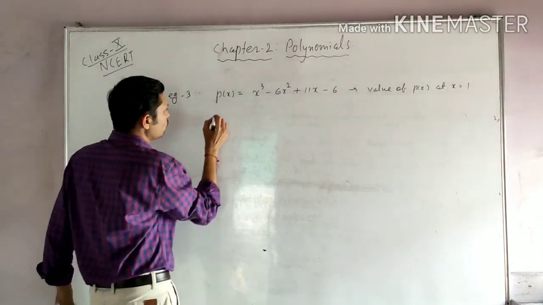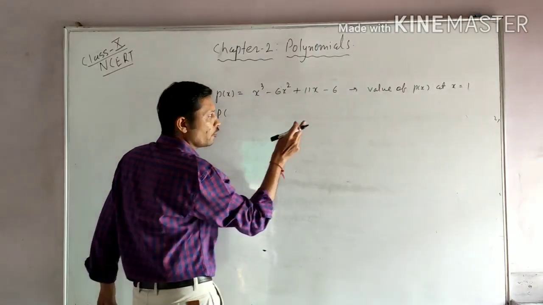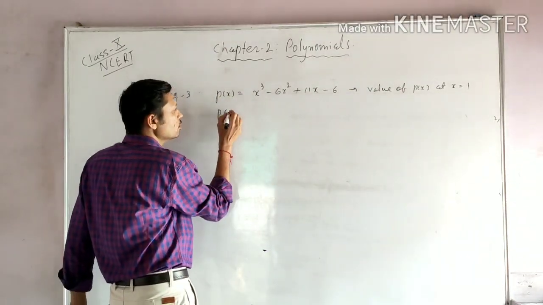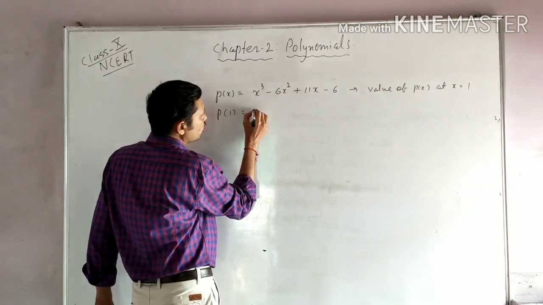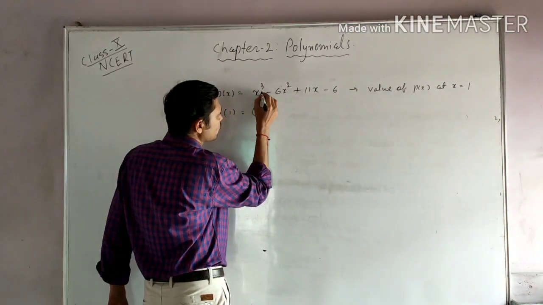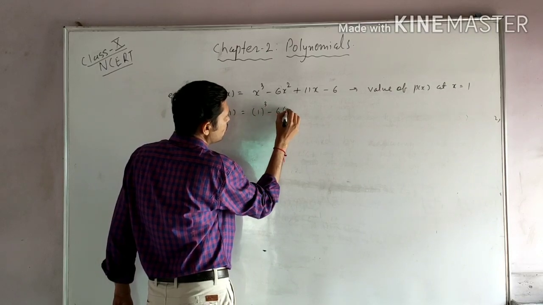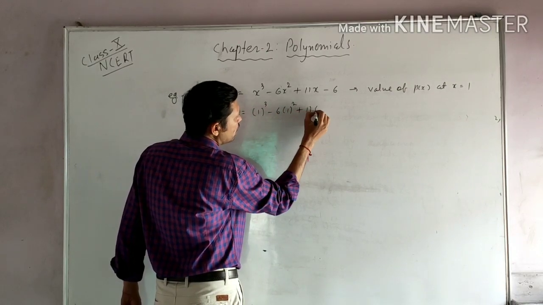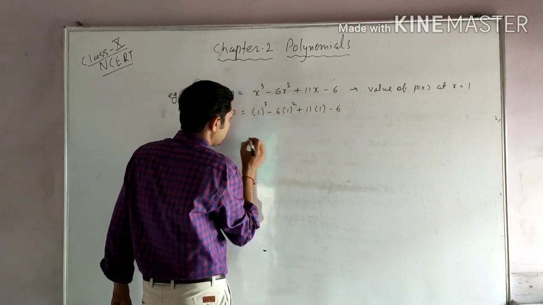Right? So now here the value of x, what will we replace here? 1. So wherever x is there, again we will replace the value of x with 1. So 1 cube minus 6 times 1 square plus 11 times 1, then minus 6.